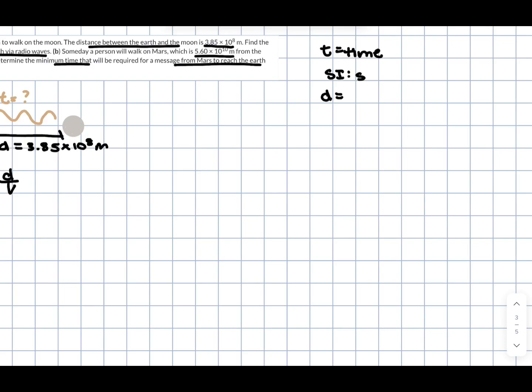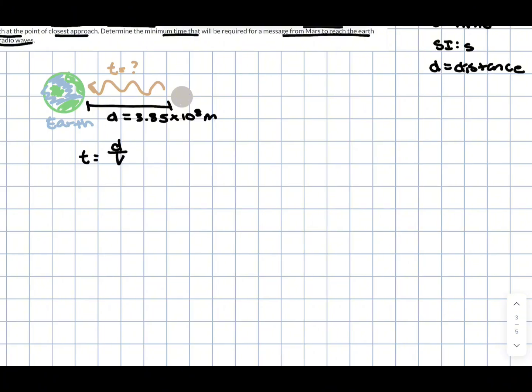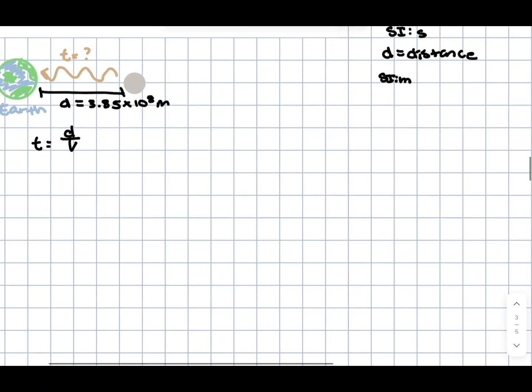And then we have d is distance, which is going to be measured in meters. And then v, which we could just use c because it's the speed of light constant. Our SI units for that are going to be meters per second.